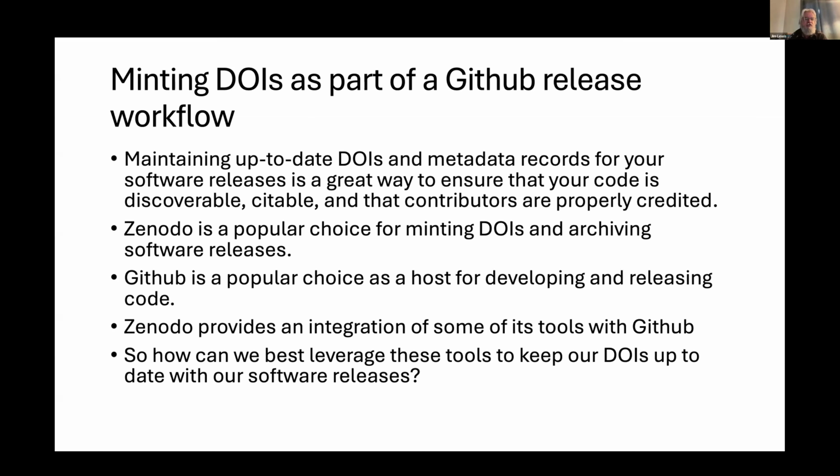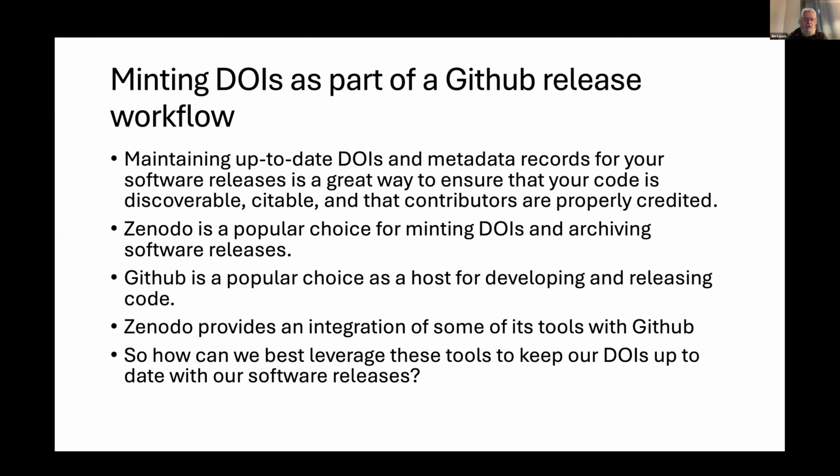There's this integration between Zenodo and GitHub that once you set it up, when you publish a release on GitHub, it automatically connects to Zenodo and mints a DOI for you and updates your release assets and populates some of the metadata in the Zenodo record and publishes it.